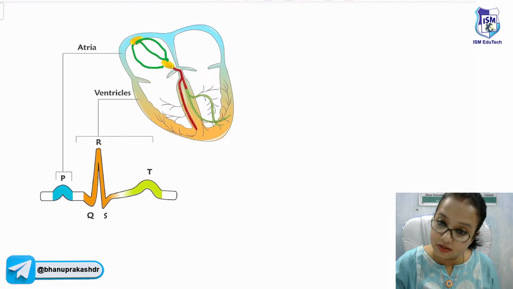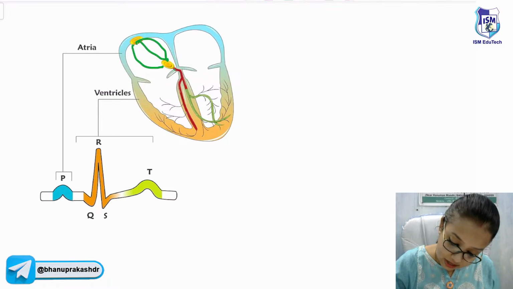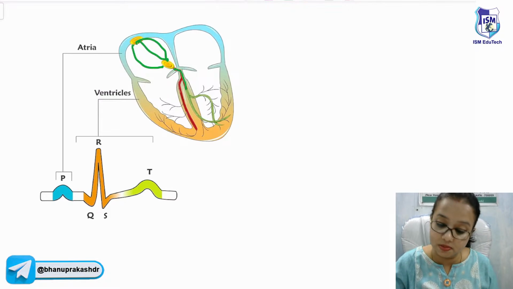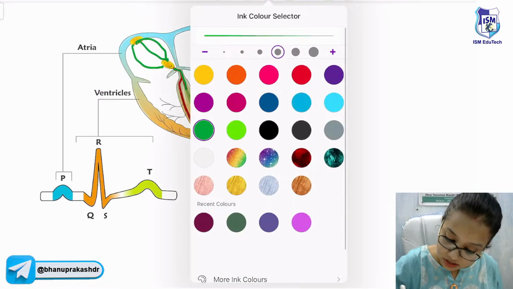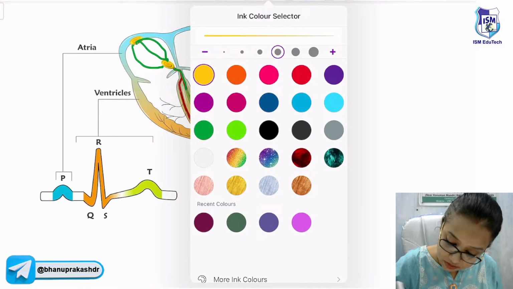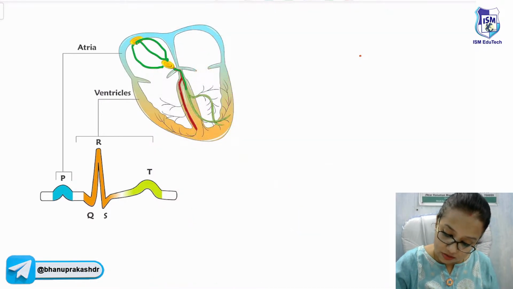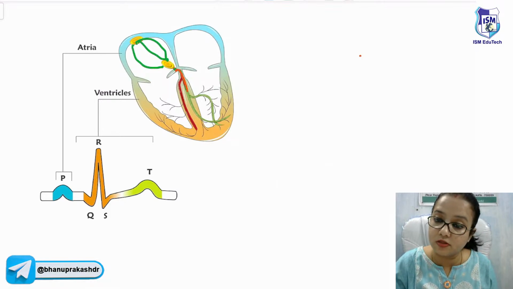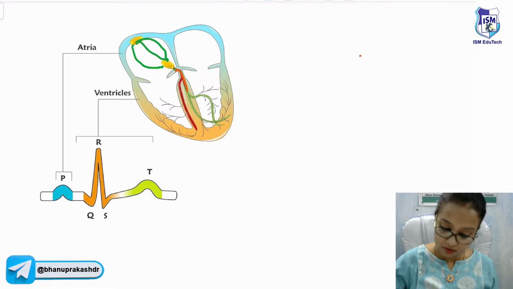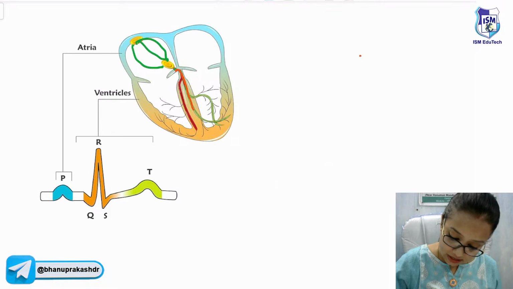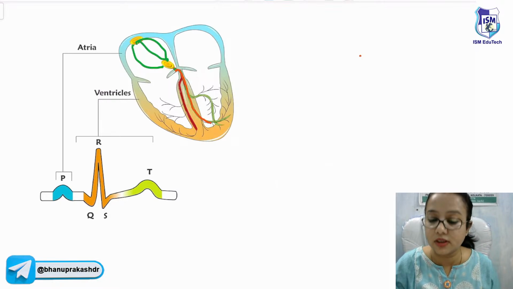From this AV node, via the interventricular septum, this impulse, which is nothing but the wave of depolarization, first travels through the interventricular septum. The first part of the ventricle that receives the wave of depolarization is the left endocardial portion of the ventricle.